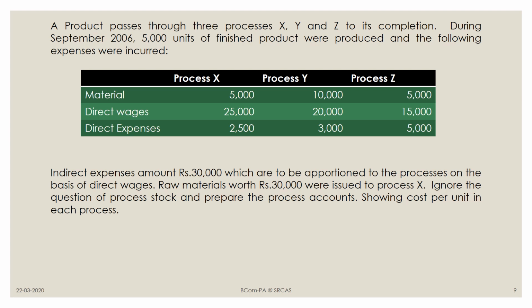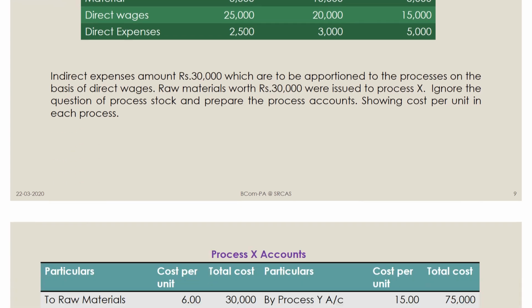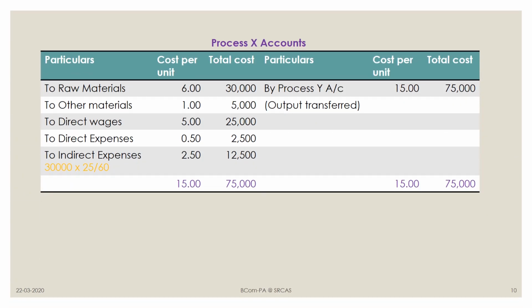The expenses are material, direct wages, and direct expenses, and indirect expenses amounting to 30,000, which is based on direct wages. Process Y account, worth 75,000. 75,000 divided by 5,000 will get 15 rupees per unit.